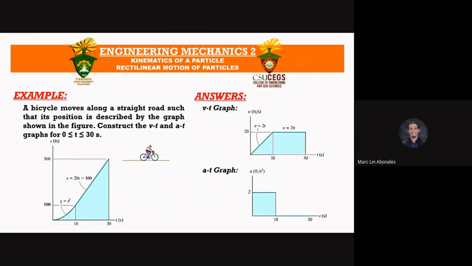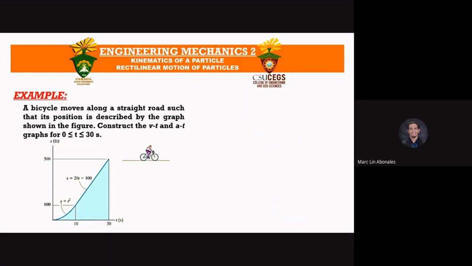What we need to construct are the VT and AT graphs for the time interval 0 to 30 seconds. Here on the side are the graphs for VT and AT. So let us construct the VT and AT graph.